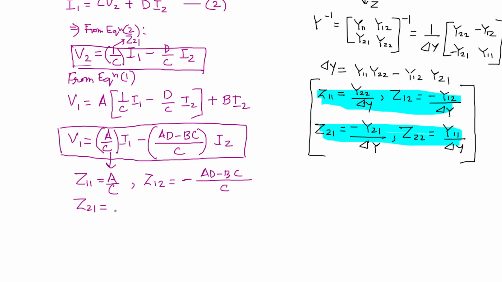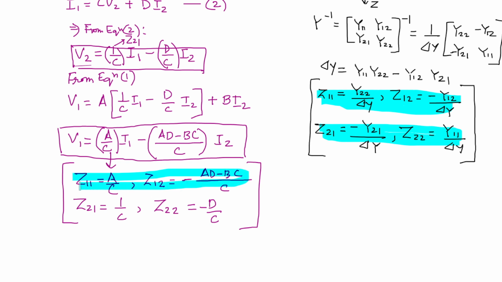Z21 is equal to 1 by C, and finally we have Z22, which is equal to, this must be D by C with a negative sign, of course. So these are the relationship between Z parameter in terms of ABCD parameter. So we represent Z parameter as a function of ABCD parameter or T parameter.